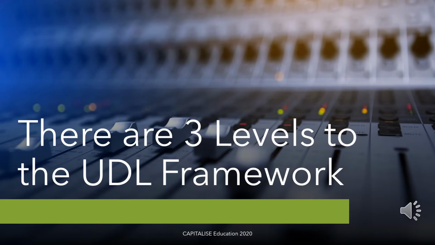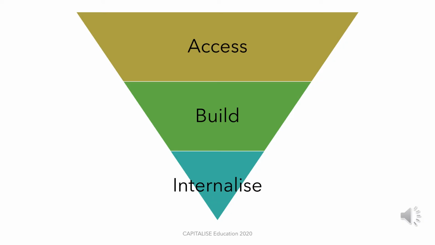The fourth big idea underpinning the Universal Design for Learning framework is that the framework consists of a hierarchy of 3 levels. The 31 checkpoints are arranged in 3 levels: access, build, and internalize. Those checkpoints that fit within the access level are designed to help students overcome barriers to the learning process.